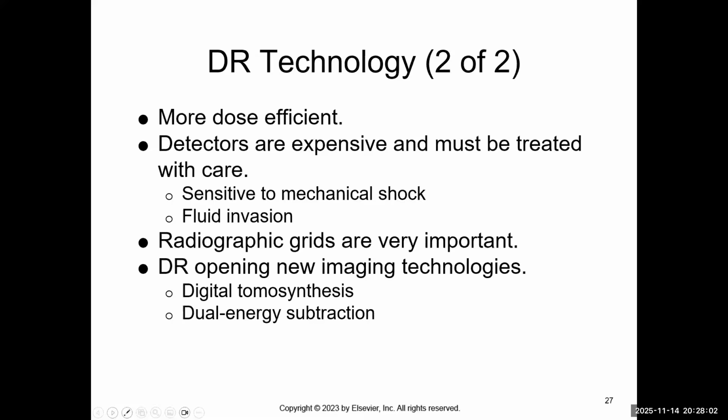You take a picture, there's something in the background you don't want there, you click on it and it takes it out. This is what that dual energy subtraction is. If I'm interested in vessels, I don't want to see any bone there, so it subtracts out the bone for us. Now it doesn't get rid of it. It still saves that original image, but it also saves the subtracted image, only the vessels, as well.